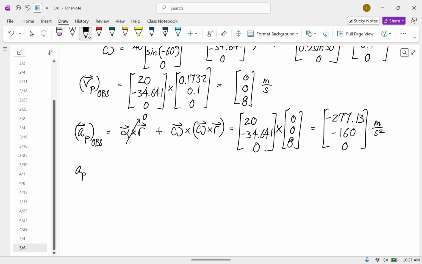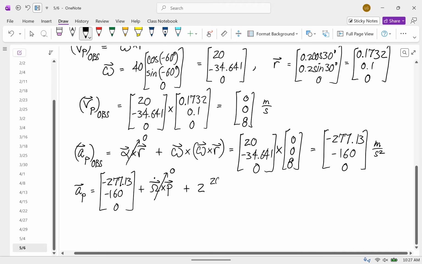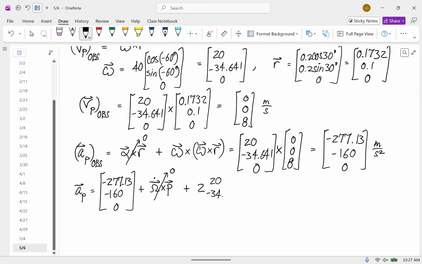The acceleration of P is equal to the observed acceleration plus omega dot cross P, capital omega, but it's a constant angular velocity of the coordinate system, so this goes away, plus 2 times omega, so 0, 0, negative 34.641, crossed with the observed velocity, which is 0, 0, 8.